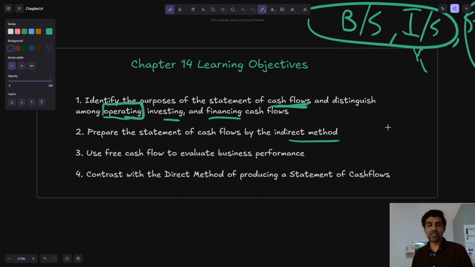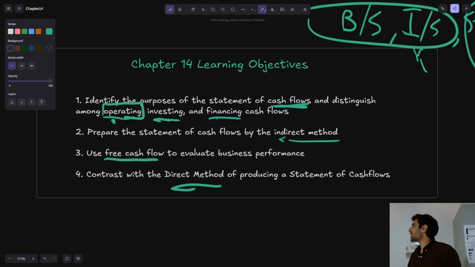So we again have these three sections. Only the operating section is really different. The investing and financing sections would be pretty much the same under the indirect and the direct method. But you're going to see there's some complication in this operating section because of the indirect method. We'll talk about free cash flow.